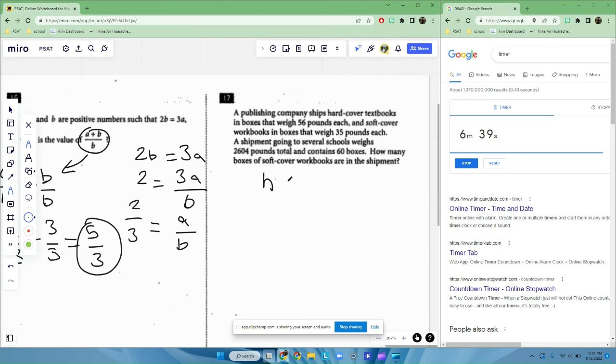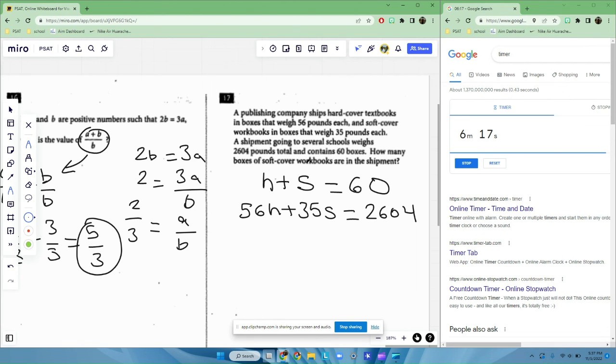We know that hardcover plus softcover is equal to 60 boxes. We don't know how much they order yet for each type. This is how much each type of book would weigh, and they ordered 2,604 pounds.